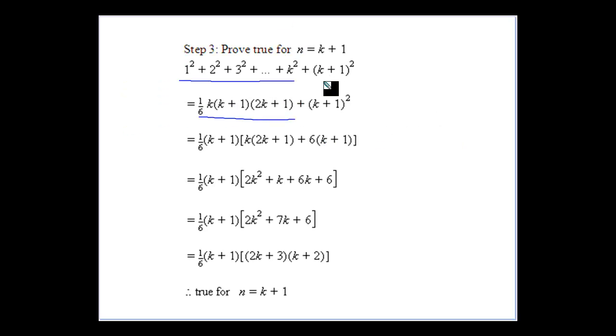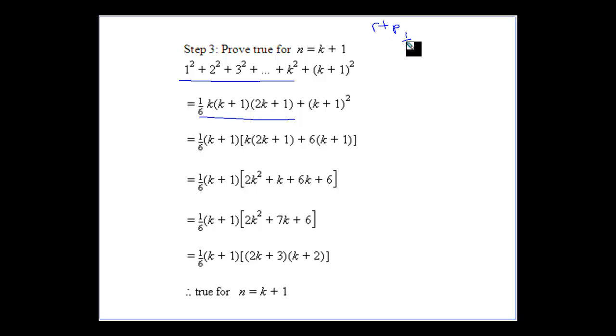So our next step is to prove that it's true for n is equal to k plus 1. Basically that means we're going to start with our left-hand side and prove that it would be equal to our right-hand side. So keep in mind what we're required to prove.